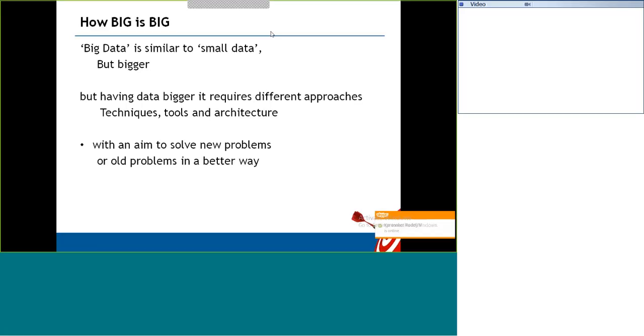But having bigger data requires different processing techniques, tools, and architecture. You are limited to processing only a certain amount of the data, so you may not get the correct analysis if you process the data in a limited way, because of hardware limitations.